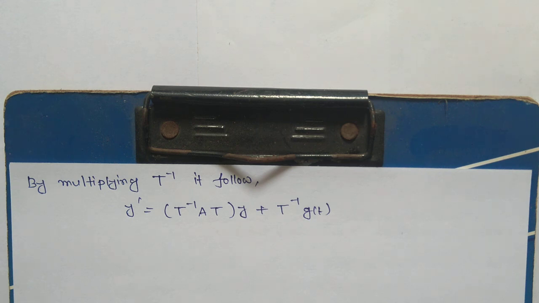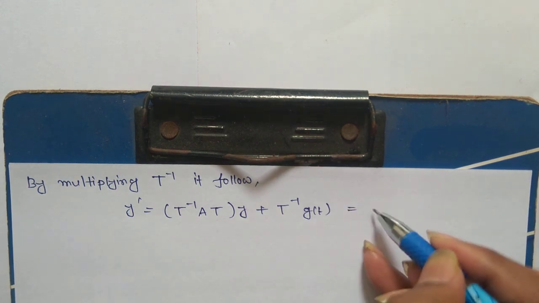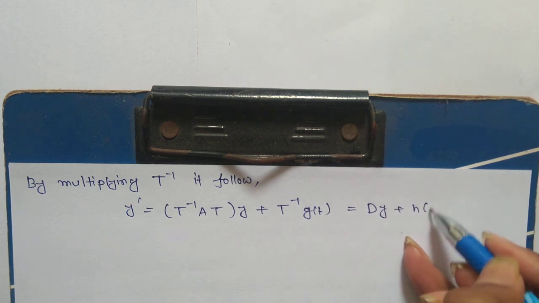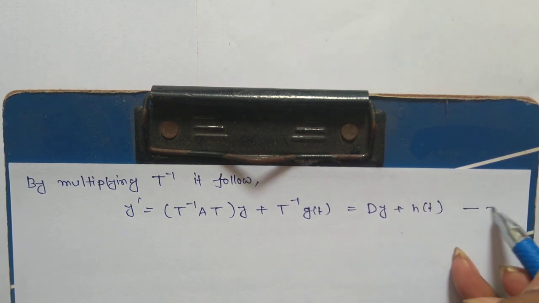Now we call this D y plus h(t), and this is our 5.